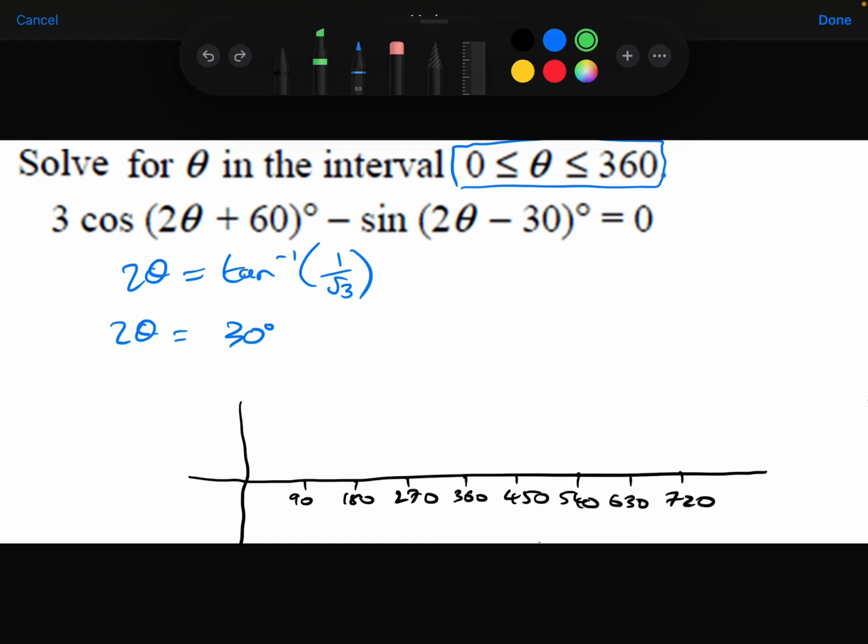So because I know I'm going to divide all my answers by 2, I actually want to draw my graph all the way up to 720 to get all the solutions up to 720, so that when I divide them all by 2, it will give me all the answers between 0 and 360.